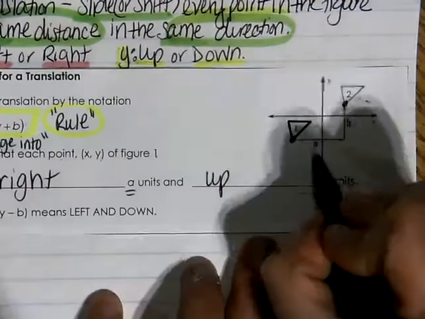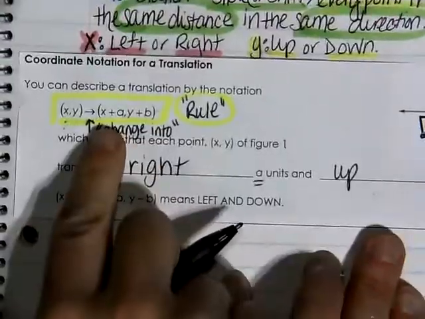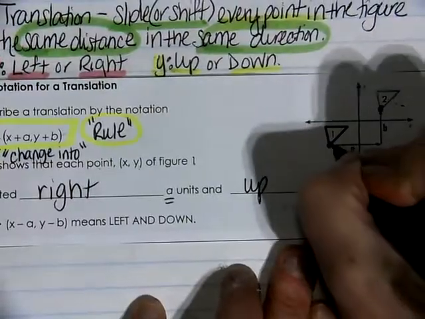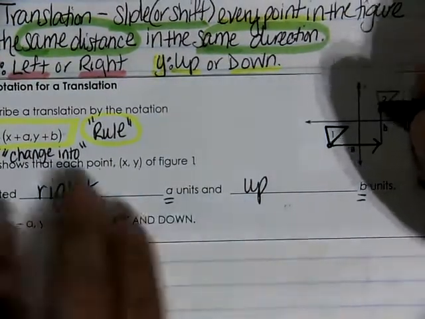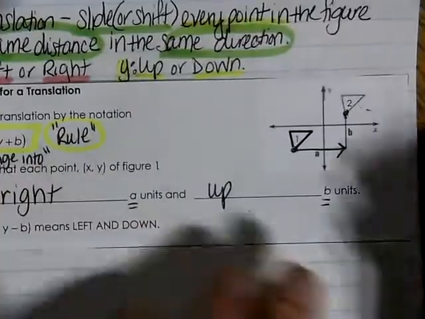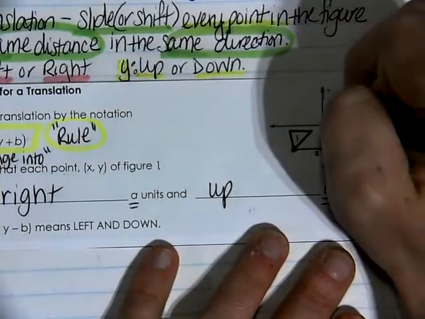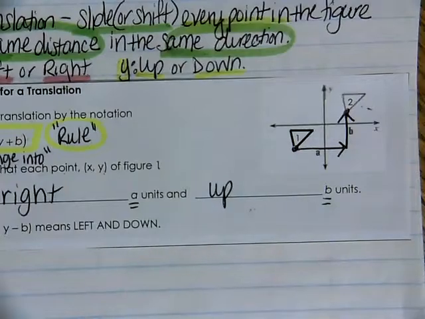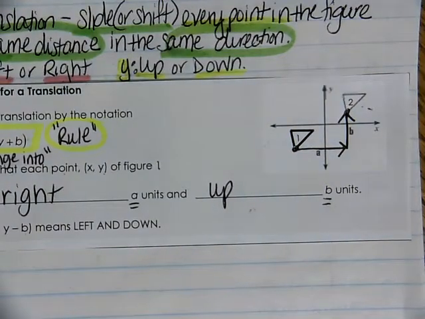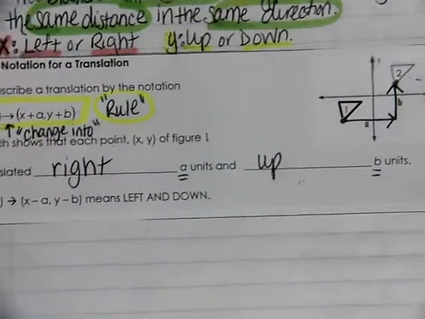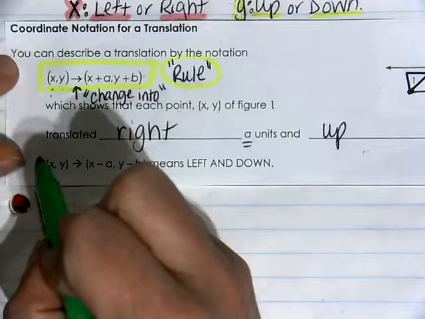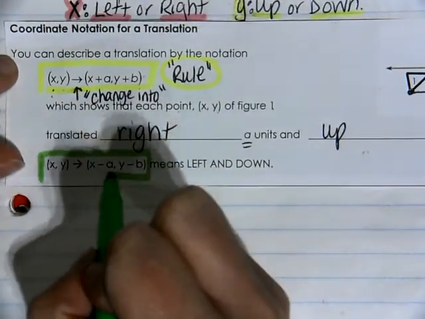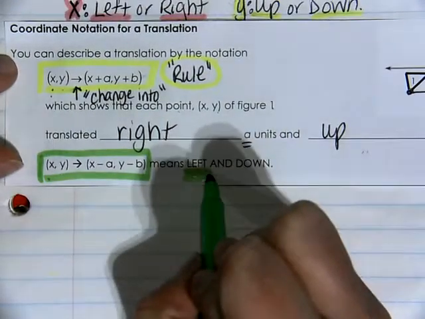How did it shift? Because there is a plus sign for x, we are going to be shifting to the right. And a plus sign for y means that we are going to be shifting up. So it's going to be all about counting. If you saw a rule that said (x, y) changes into (x − a, y − b), this means left and down.